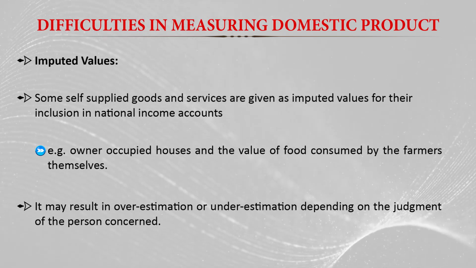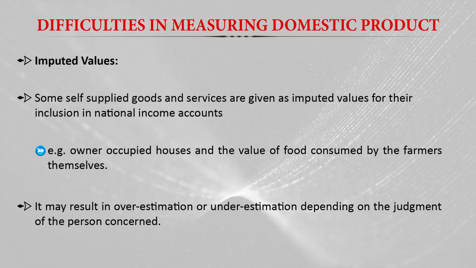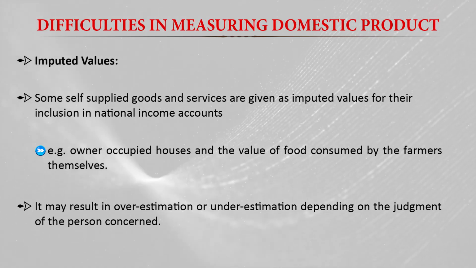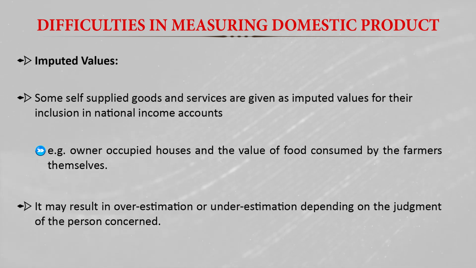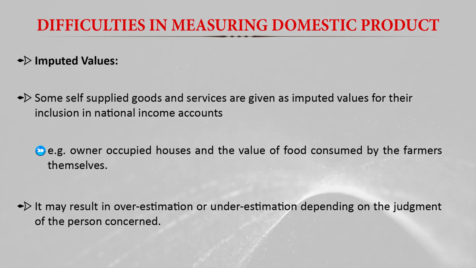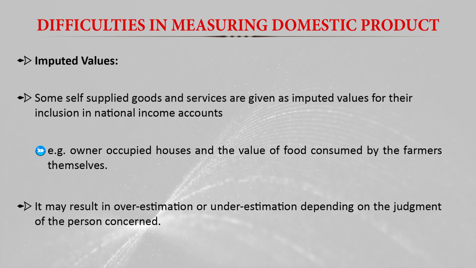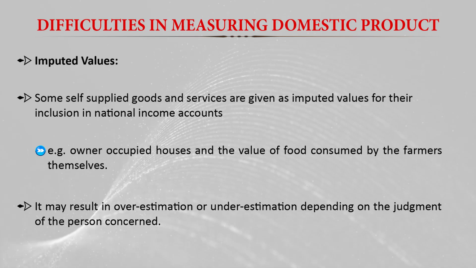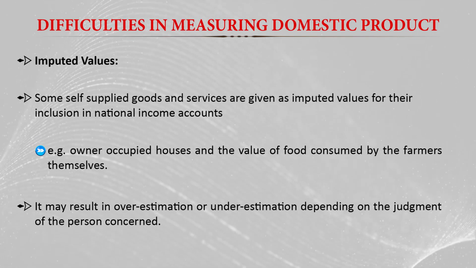So if a farmer has a building which he is using in production activities, how much cost of that building he is using is based on judgment. So there may be a problem: sometimes he may assign more value or more cost to that building, or sometimes he may not give any value to that in the production accounting.